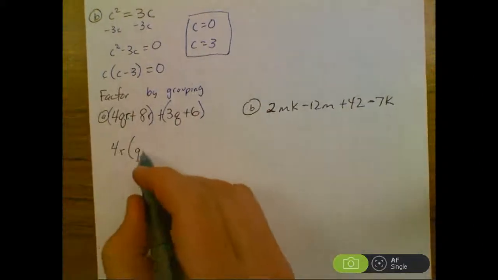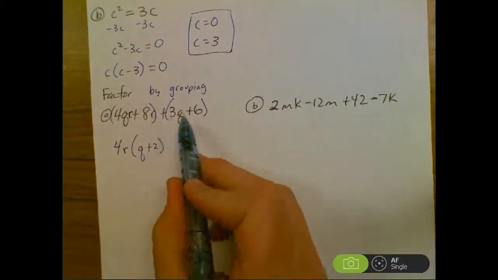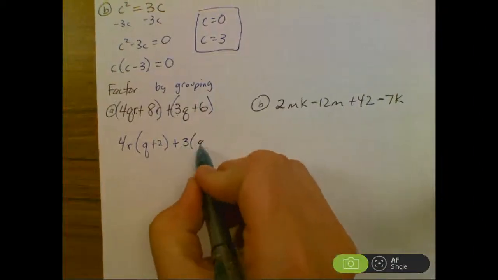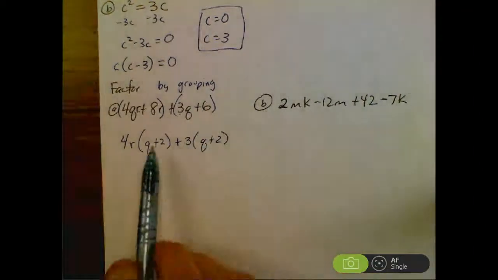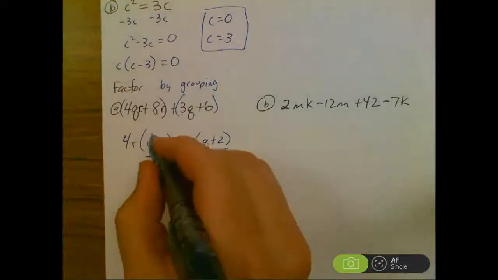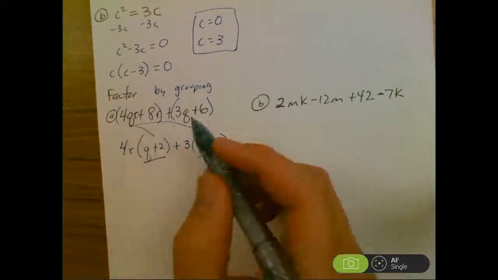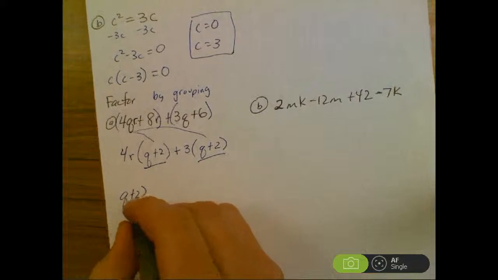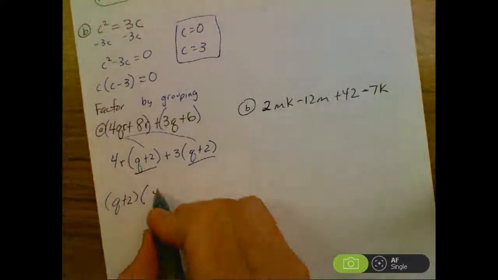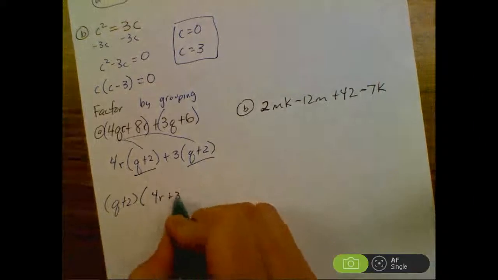So 4r times q plus 2. What do these have in common? Plus, they both have a 3, q plus 2. Oh, weird. Now we have a q plus 2 and a q plus 2. Let's factor that out in front. So we have q plus 2, and then we took this away, so we have 4r plus 3.